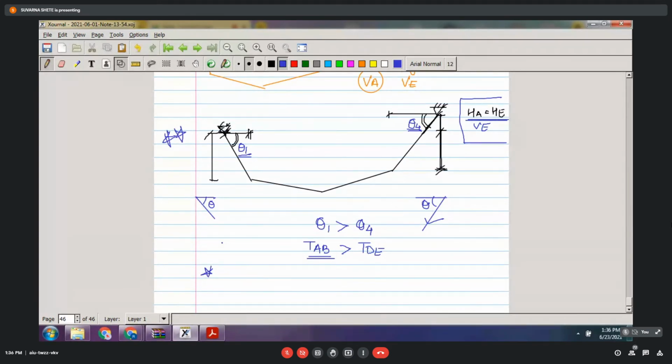The cable segment which is having more angle with respect to horizontal will carry maximum tension.